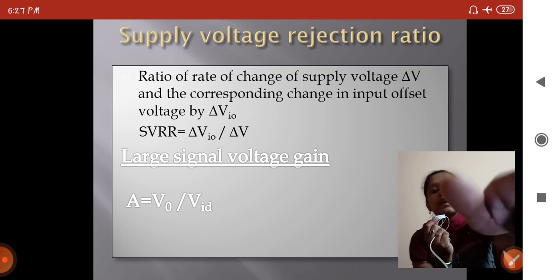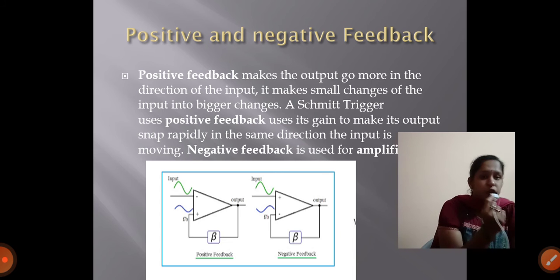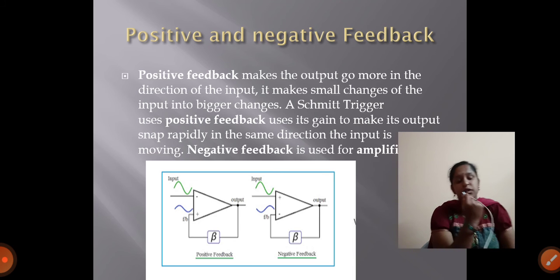Next is very important for your closed loop and tomorrow's classes. Closed loop and open loop configuration are very important before studying this. This is a very important part of operational amplifiers: positive and negative feedback.